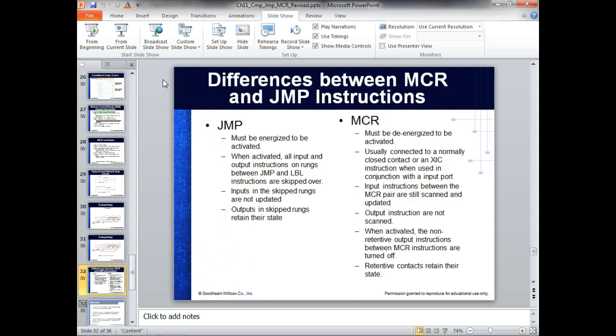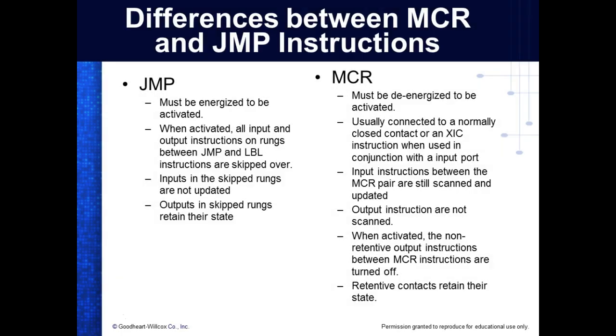So this is the difference between a jump and an MCR, right? So a jump must be energized to activate, right? If we have what we call a conditional jump, an MCR must be de-energized to be activated, right? You understand that?